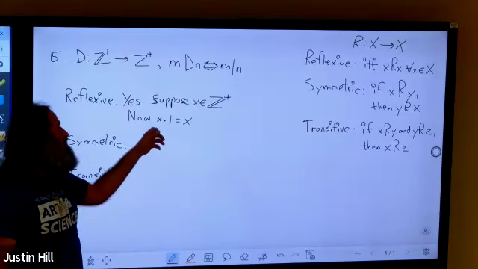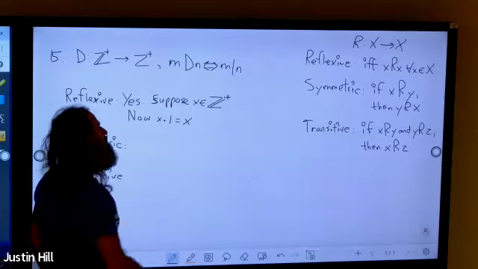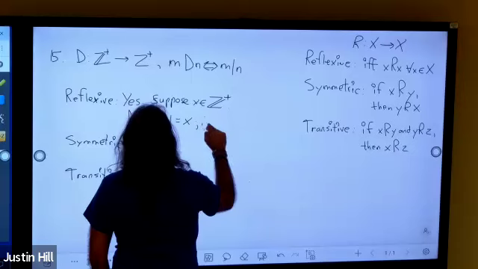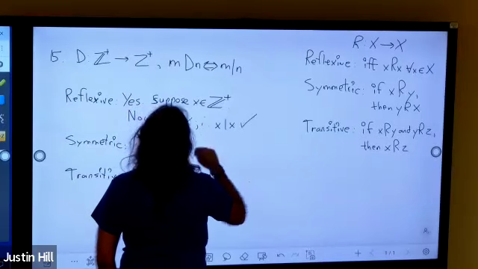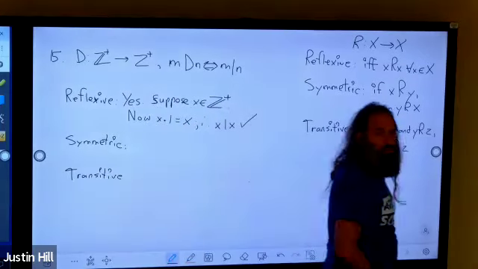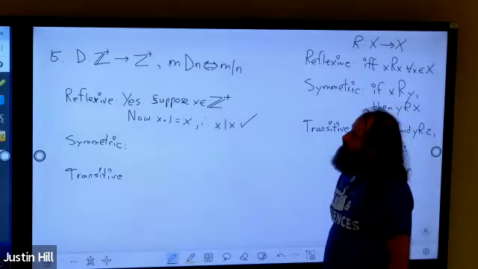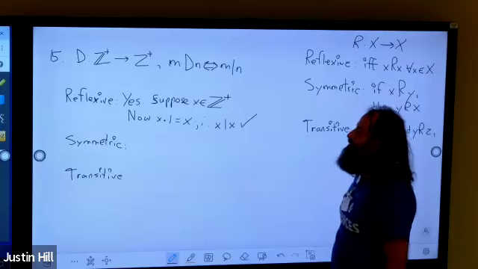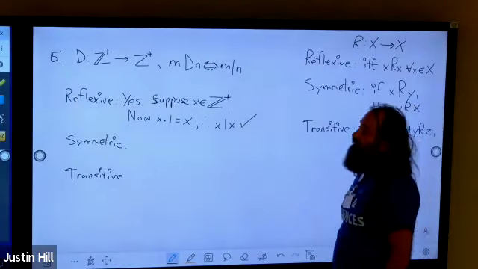This is the divisibility definition. x divides into x if I can show that x times an integer equals x. Therefore, x divides into x. Good, and we've got it. So that would be my proof that this little relation, this little operator, is reflexive.